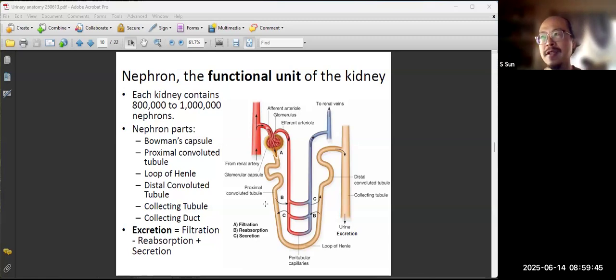We call it glomerular filtration rate, short for GFR in medicine. If you see the doctor, they will extract the blood to see how well you clean the blood. If your blood is not very clean, then we can estimate that your GFR is very low.